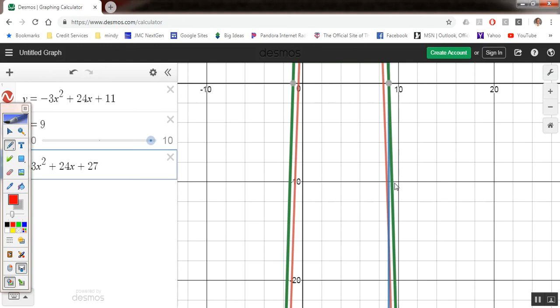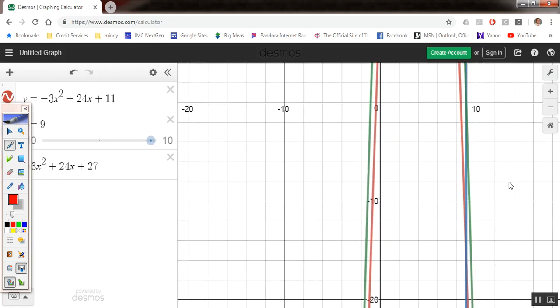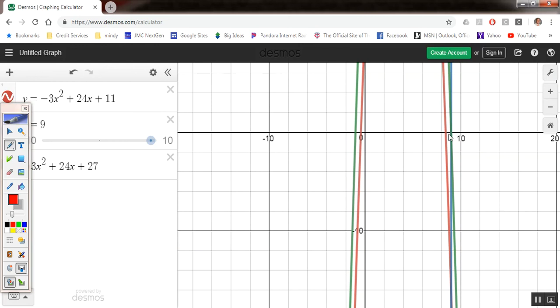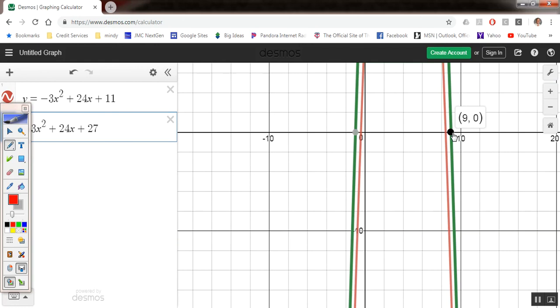Oh, what happened here? There we go. Where did it land at, kids? 9. Right at 9 there, okay? I'm going to get rid of this blue line here. We are right at what? 9. Are we 9 feet away from the launch pad? Yeah. We had to move it up a little bit. How many units do we have to move our launch up? 16, okay? So keep that in mind.